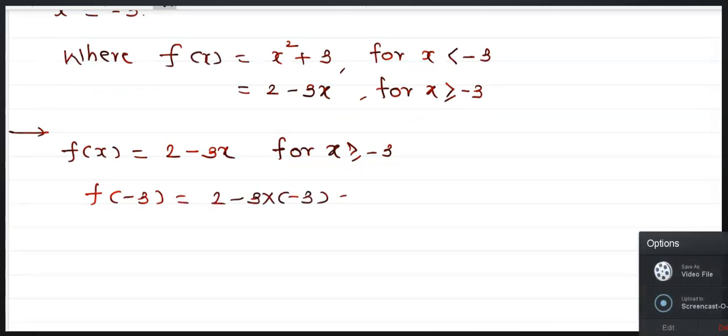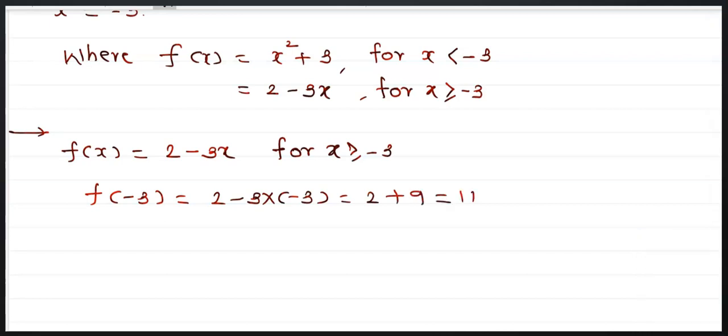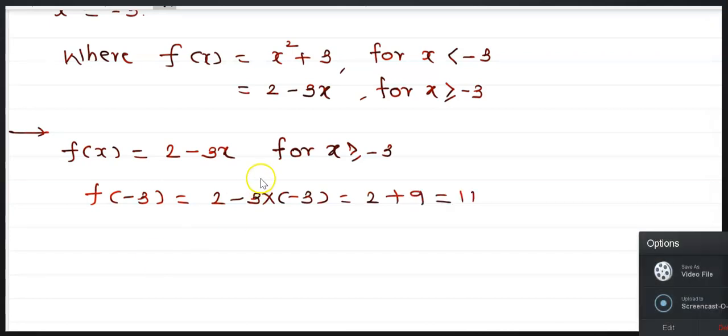Now you will ask why this function is taken for the value, because here x is greater than or equal to, it means that you can take the value of x is equals to minus 3. Therefore f of minus 3 is equals to 2 minus 3 in bracket minus 3. Therefore minus minus will become plus, that is 9 plus 2, that is equals to 11.